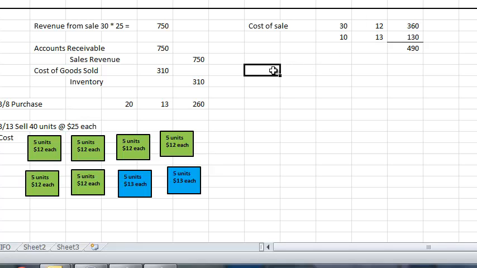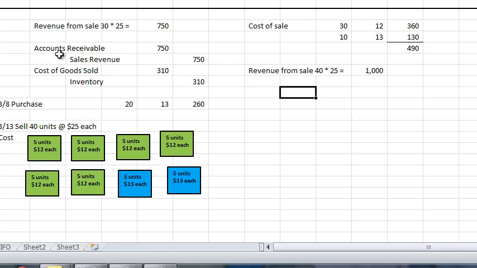And I can also once again measure the revenue from the sale. We've sold 40 units at a price of $25 each. So our revenue from the sale is $1,000.